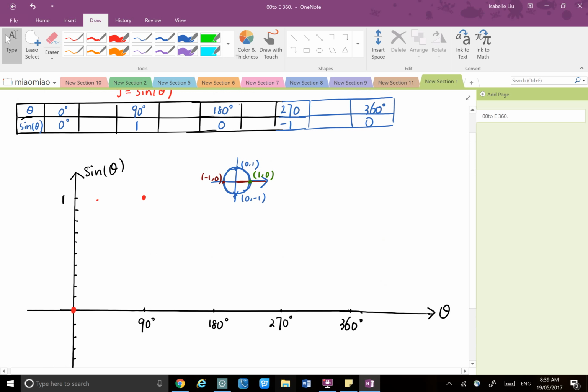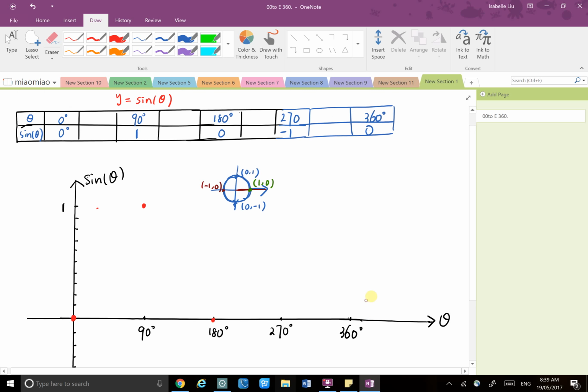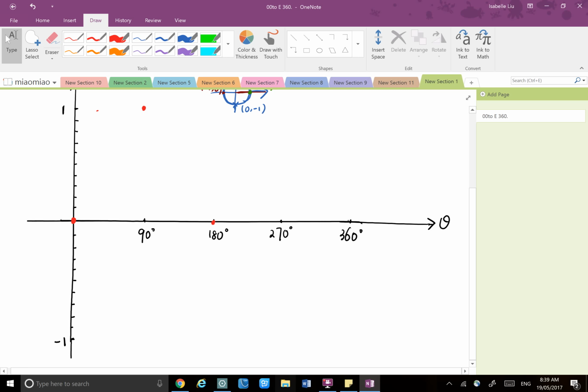At 180 degrees, I have 0. At 270 degrees, I have -1. At 360 degrees, I have 0. I have those points. Can you see all the red points?